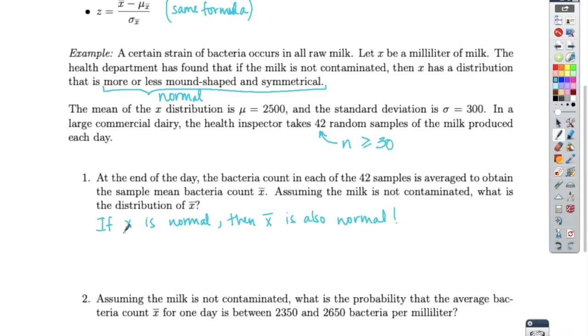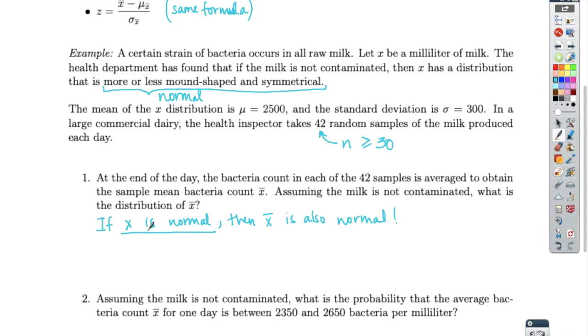So we actually didn't care about our original distribution being normal. Our sample size is big enough that we could have had any distribution to start with. They could have said X has a distribution that is terrible and bimodal and has a bunch of skew or something. It doesn't matter. 42 is big enough that our X bar distribution, our sampling distribution, is also normal.